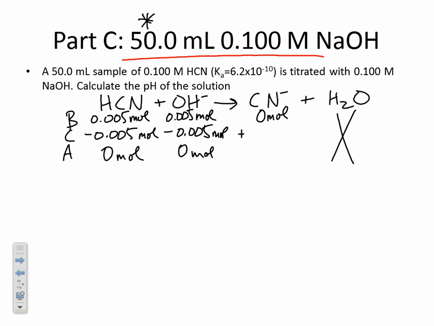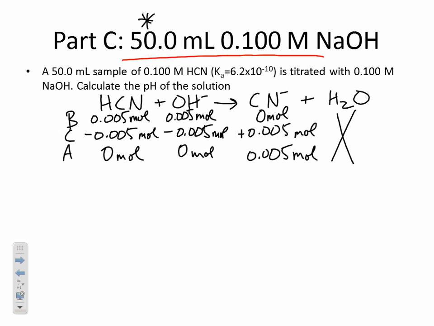But what I do have in my flask is the conjugate base of the weak acid. You cannot tell me that the pH here will be 7 because it will not be. You have created the weak base. You've created the conjugate base of a weak acid, and it will influence pH. It's the only thing that's in the flask, other than the sodium ion, which is neutral. So it will have an influence on pH. The pH here will not be 7.